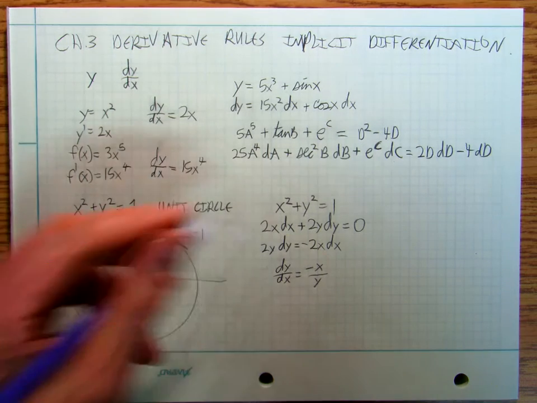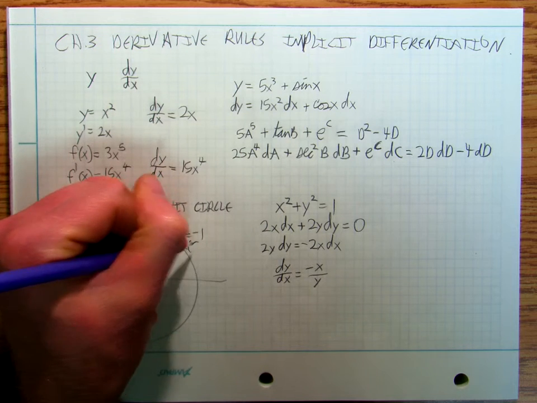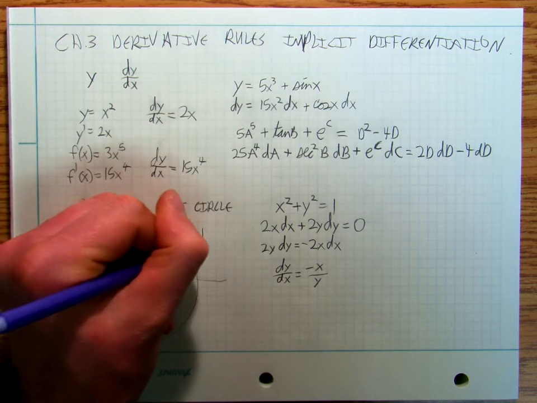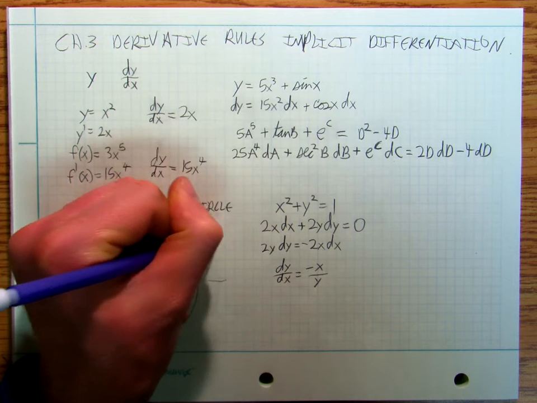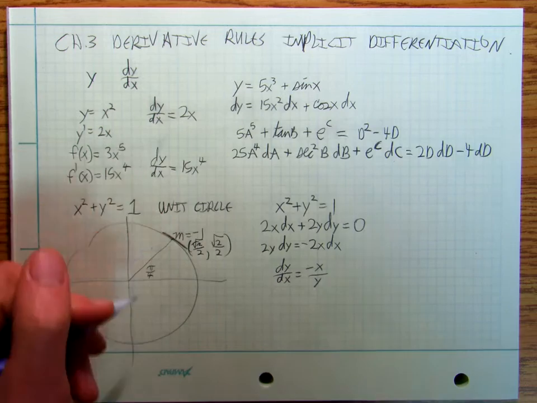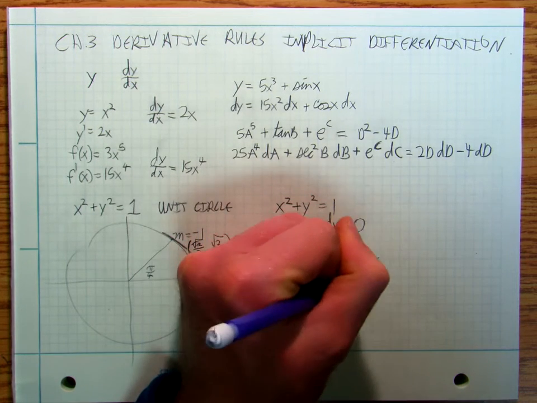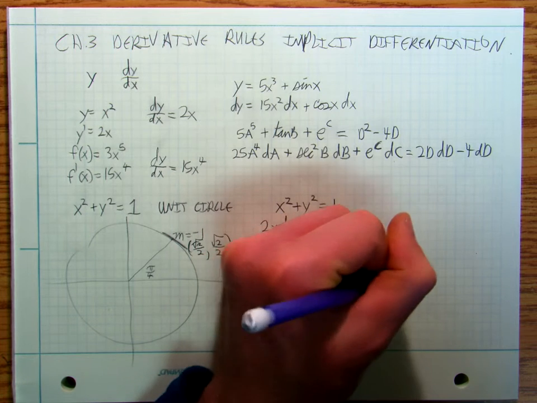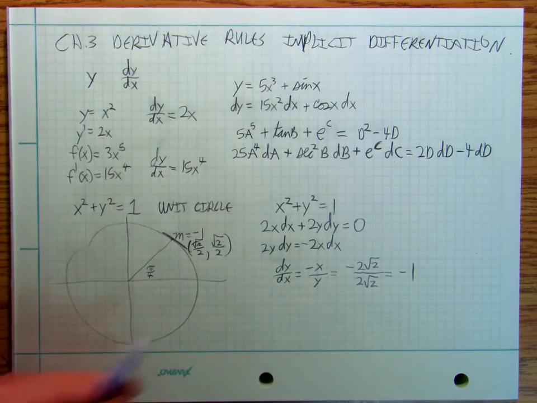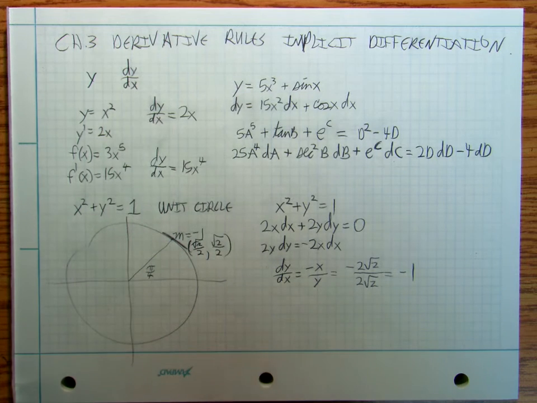Then if I plug in the point square root of 2 over 2, square root of 2 over 2, which is the coordinates of that point, I get negative root 2 over 2 over root 2 over 2 equals negative 1. So the slope of that circle at this point is negative 1.